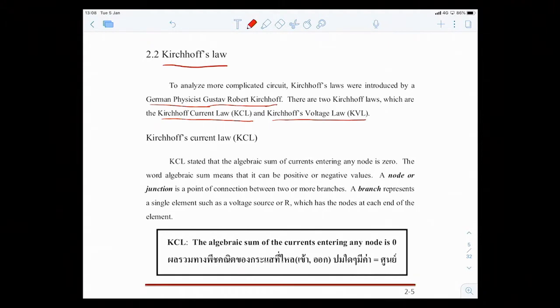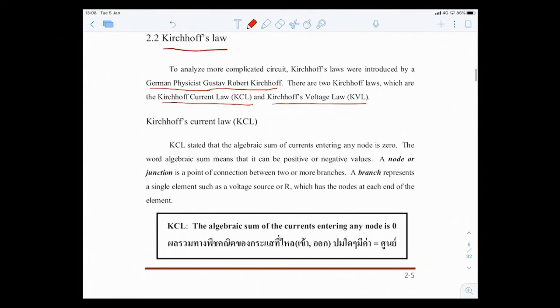Let's start with Kirchhoff's current law first. Before I begin with this law, we have to define a word known as a node. A node, or a junction, is a point of connection between two or more so-called branches.